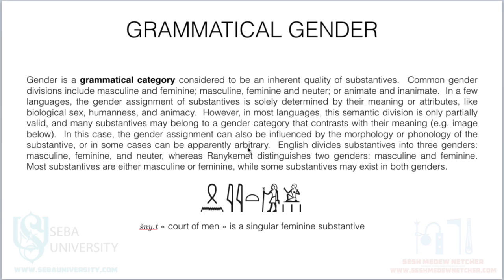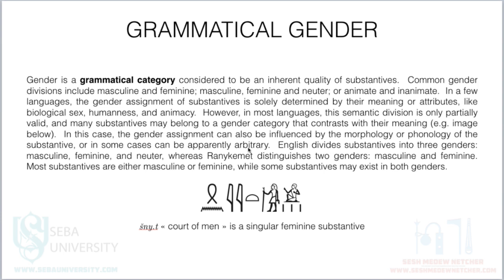Or it can be completely arbitrary. And usually when we see it as being completely arbitrary, there's usually some historical reason behind that. And by historical, I mean a long history of the language, and possibly from the parent of the language from which it comes.